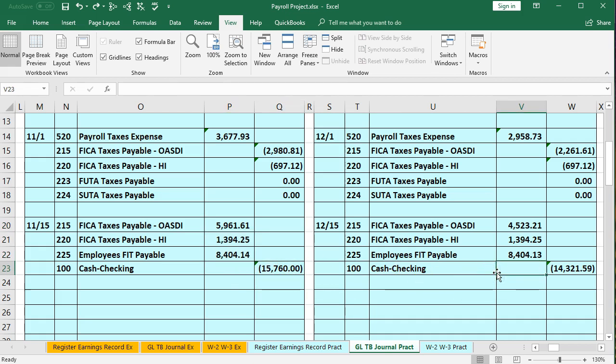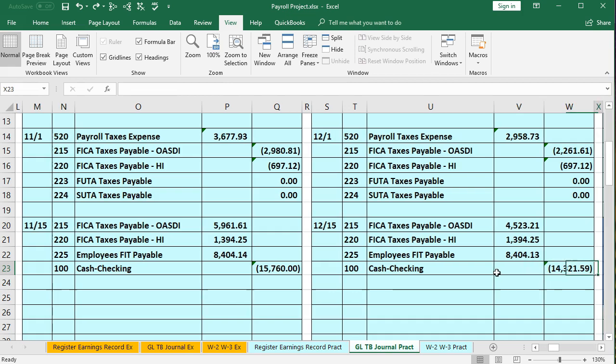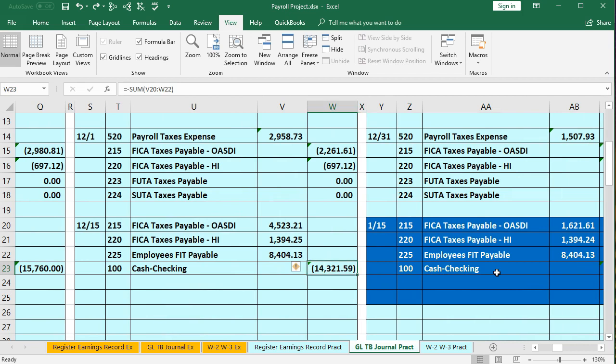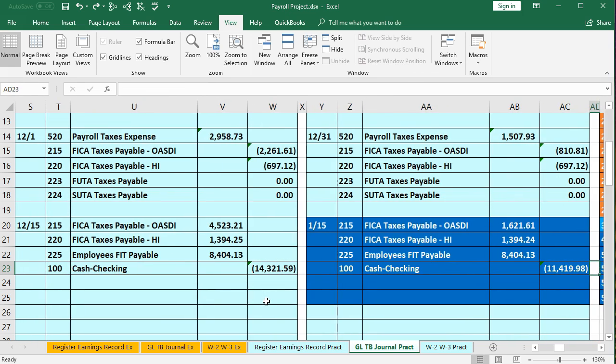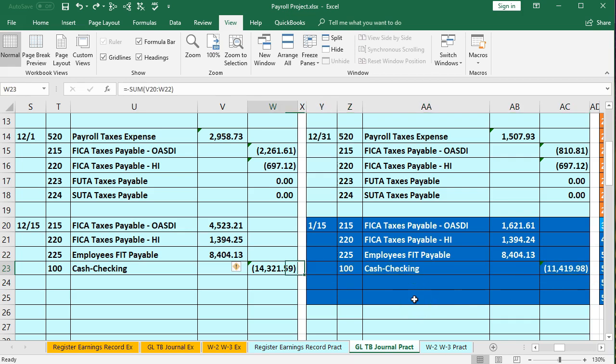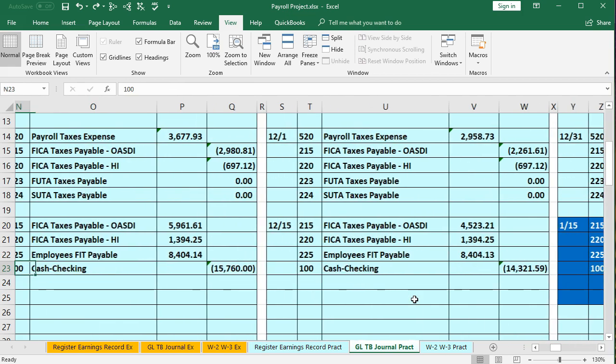It was made in December for the taxes and liabilities of October. And then we had one in December that we made this payment for the activity that happened in November. And then this payment was in January of the next year, but it was paid for the payroll period ended December of the prior year. All right, so those are going to be our payments that we need to pick up.